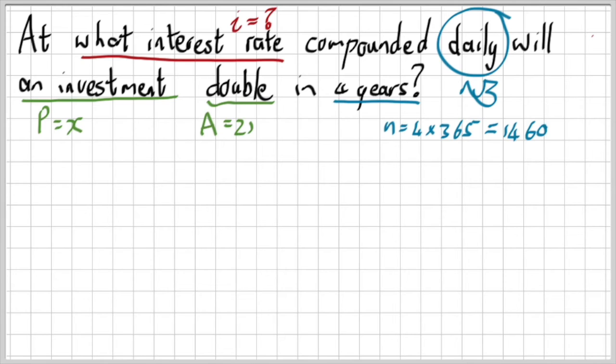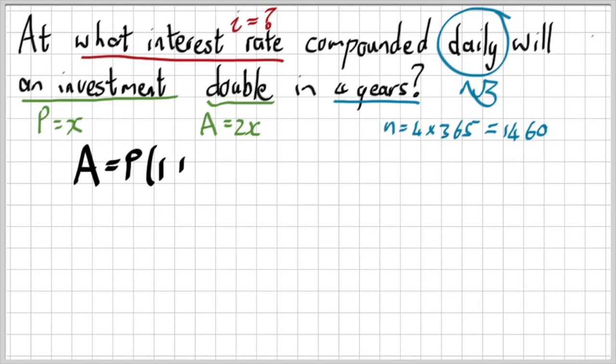Now, it says there the investment will double. So that will be 2x. I love just working with x's because we're now big boys and girls. So we are familiar with working with x's. But if it doesn't make you comfortable, use a value for P, but tell that to the examiner.